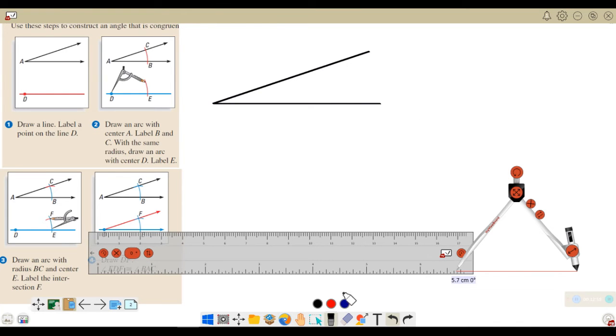For example, this is the angle that we are going to copy. So, this is angle A.